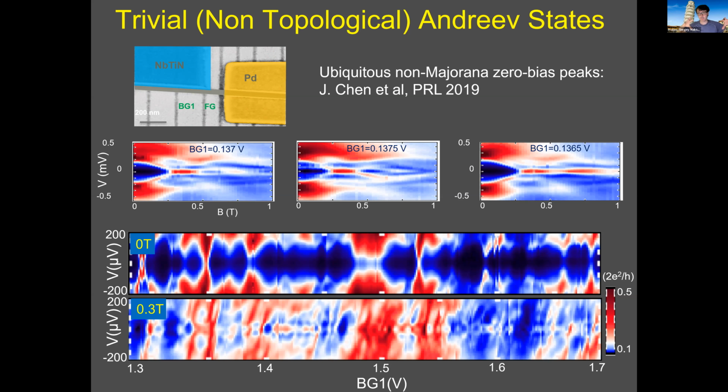So at the bottom, we have these gate dependencies. Remember, in gate versus field, it should look like this square root nice region of the phase diagram if it's Majorana. Well, here I sweep the gate in a slightly larger range, and we see all kinds of things crossing the gap. At zero magnetic field, which is the top long panel, there are states crossing, and we're now studying very actively where these states come from.